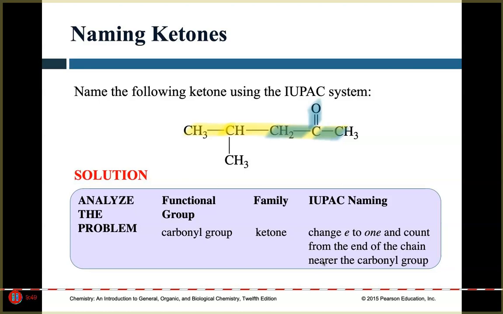determining the name. So if I got 1, 2, 3, 4, 5 carbons, I know I'm going to start with pentan, and I'm dealing with a ketone, so it'd be pentanone. It's at the 2 position, so it's 2-pentanone, and then I have a 1, 2, 3, 4 methyl.